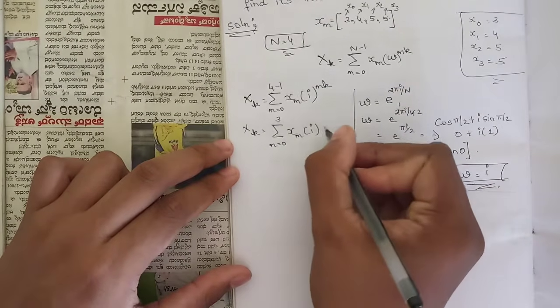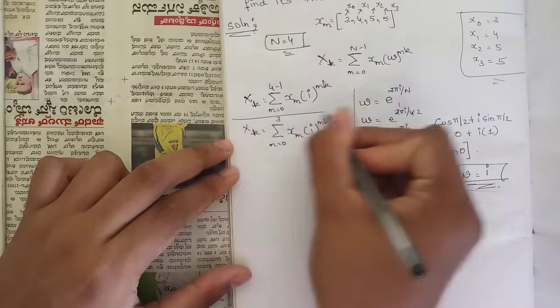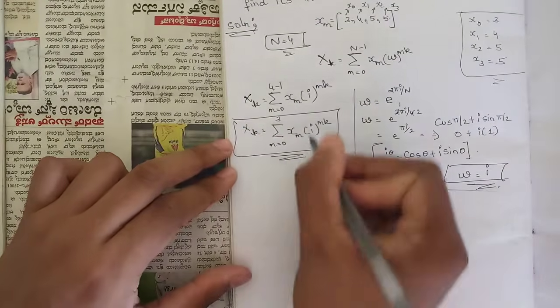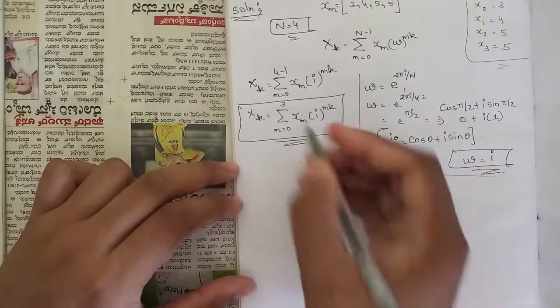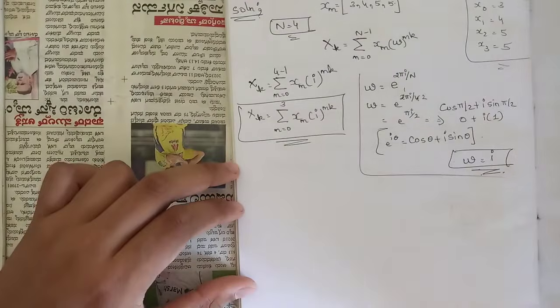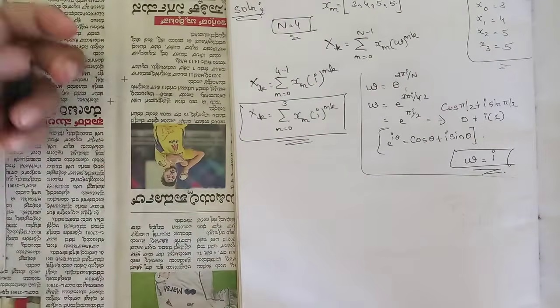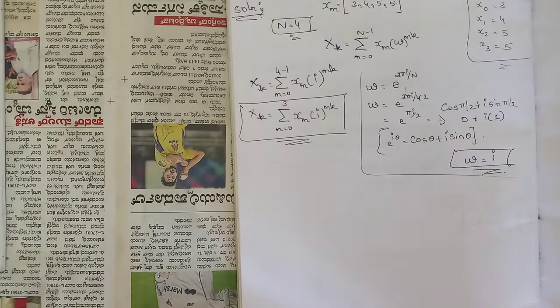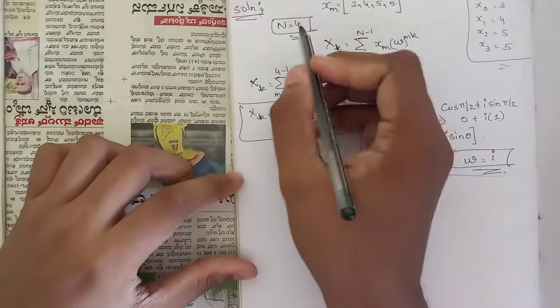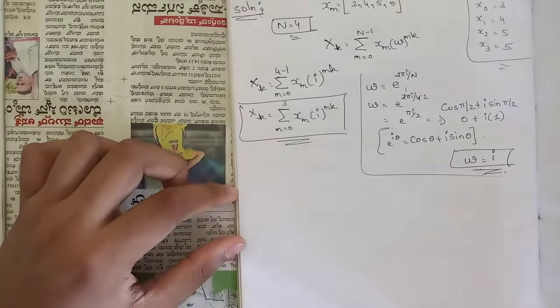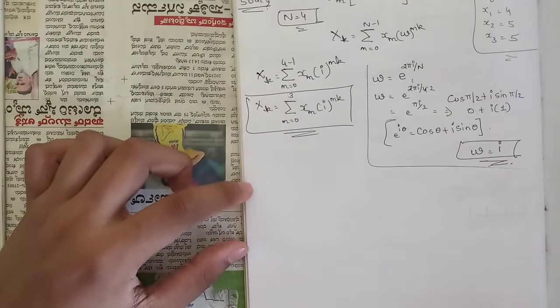So this is our general equation. Now in this we need to put the values for k as 0, 1, 2, 3 to find the discrete Fourier transform. Since there are 4 values given, we need to substitute the value of k 4 times starting from 0.